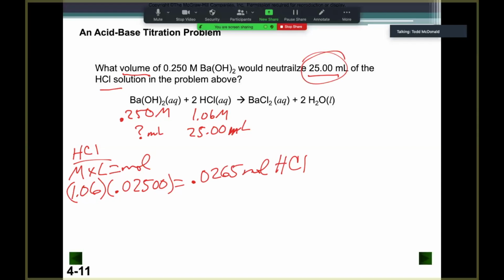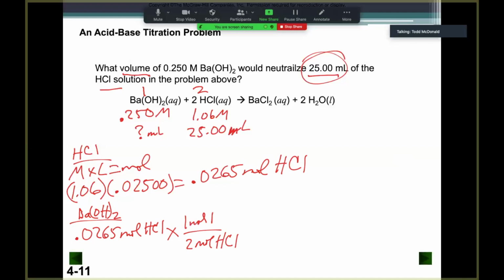Okay. Now, think about the balanced equation. If I want to figure out how many moles of base that is, I go back and I look at my balanced equation. This is a 1:2 ratio. So when I want to start thinking about barium hydroxide, I have to use that ratio. So I take my 0.0265 moles of acid, and it's 2 moles of HCl per 1 mole of barium hydroxide. Because of that, I really cut the number of moles in half.